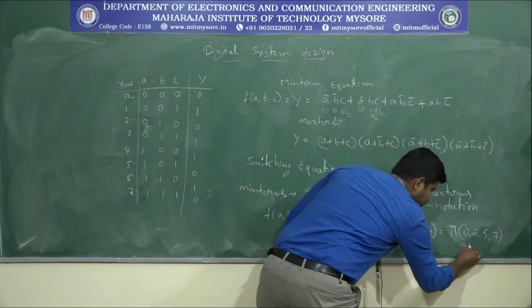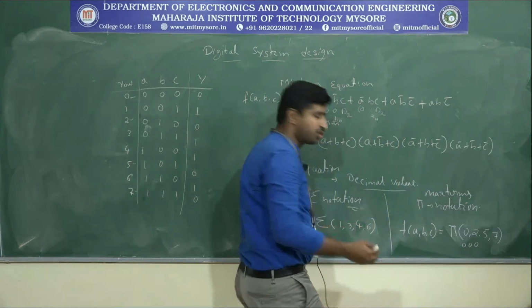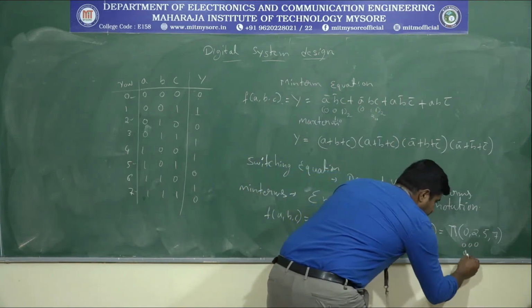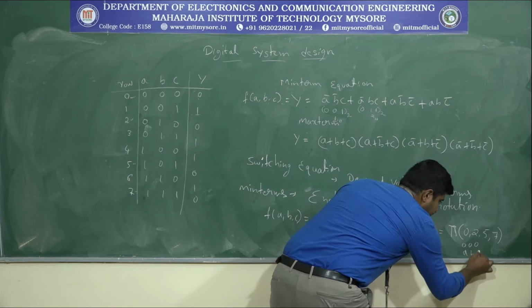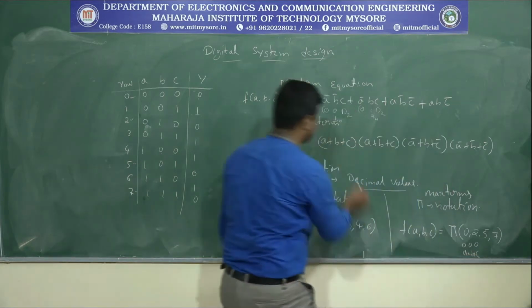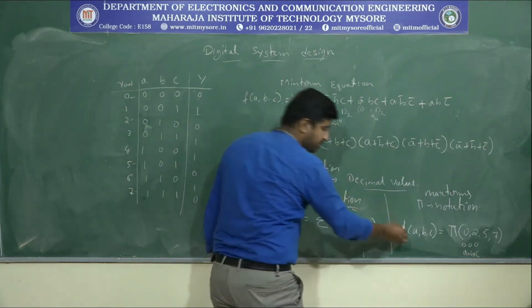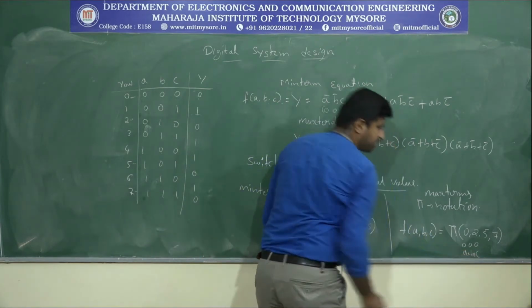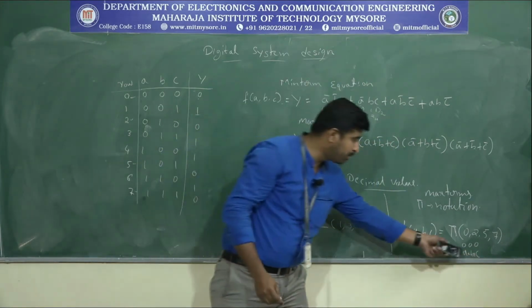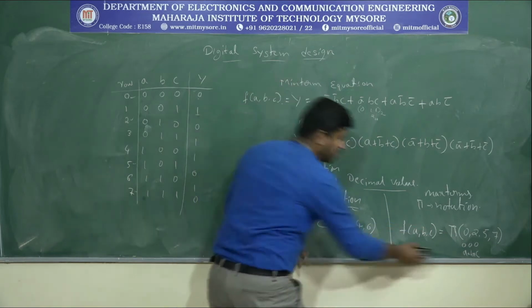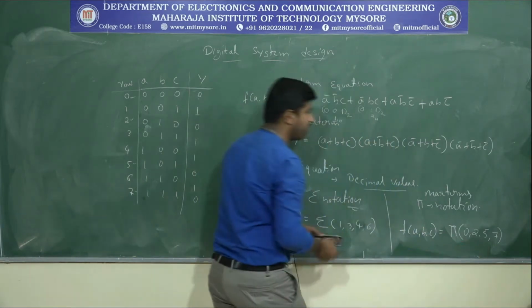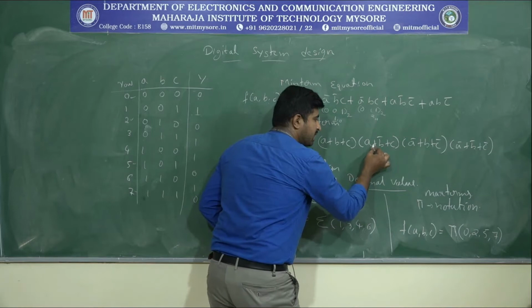Corresponding to 0 0 0, that equals a plus b plus c. Because in a max term we need to represent in a summation form, some term that equals a plus b plus c.